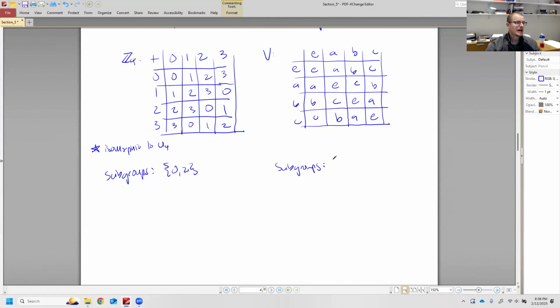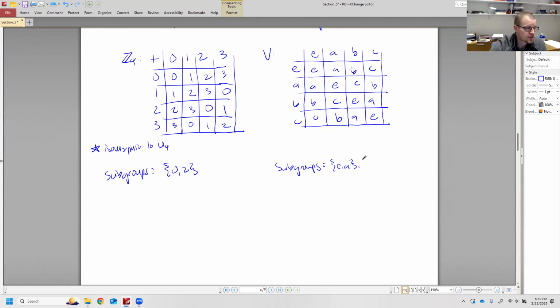That's it. However, here, what I can notice is that this square right here just has E and A. So I can quickly observe that E and A gives me a subgroup. However, I can also notice that if I just look at B and E, BE gives me back B, of course, and then BB gives me E, and EB gives me B, right?